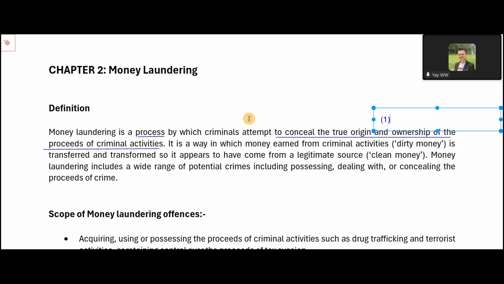Hiding where the money actually comes from. Those are dirty monies, and these dirty monies will be transferred and transformed so that it appears to have come from a legitimate source. So we have 2 and 3.